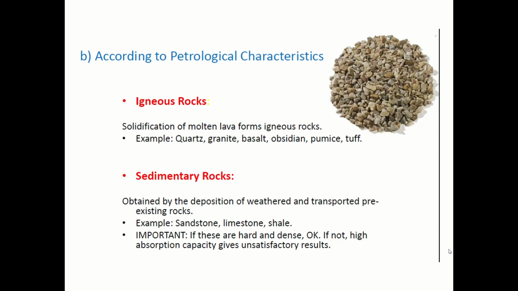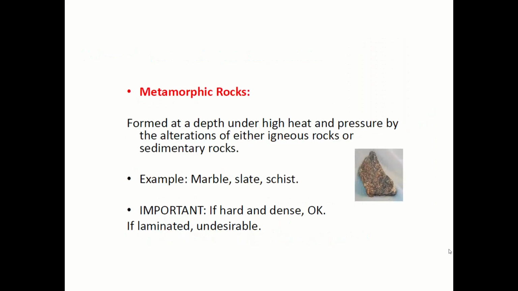And this type of sedimentary rock, if it is hard and dense, is okay. If not, it will have high absorption capacity for water, which gives unsatisfactory results, as we will see later. And metamorphic rocks are formed at depth under high heat and pressure by the alteration of either igneous or sedimentary rock, a well-known example being marble.